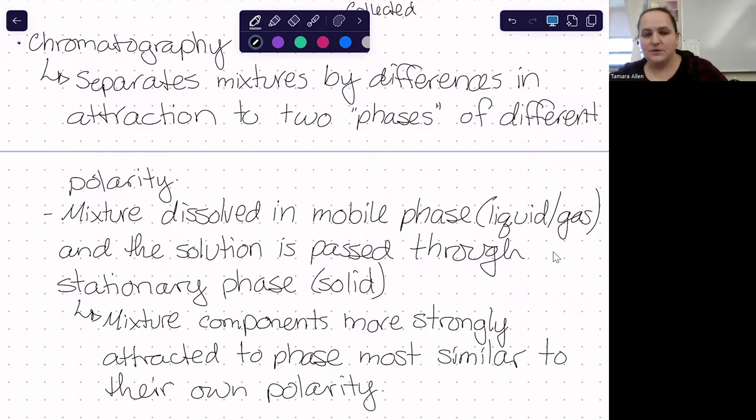So differences in molecular polarity are going to create differences in the relative strengths of the intermolecular forces between the mixture components and the mobile phase, and the mixture components and the stationary phase.